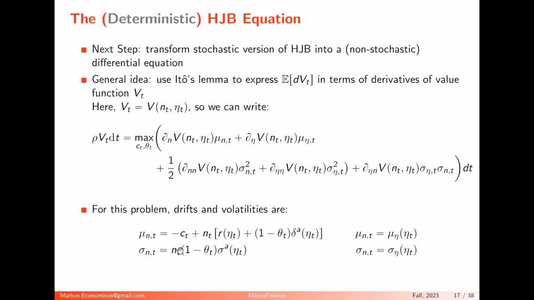So 10,000 apples times 70% is how many risky assets I buy, times the volatility of each individual asset. This is the volatility of net worth, because the subscript says it's the arithmetic volatility of net worth. For the volatility of V, there would be a subscript V. So the subscripts matter quite a bit: whichever variable is concerned, there is either a subscript or superscript, depending on whether it's arithmetic or geometric volatility, drift or volatility loading.